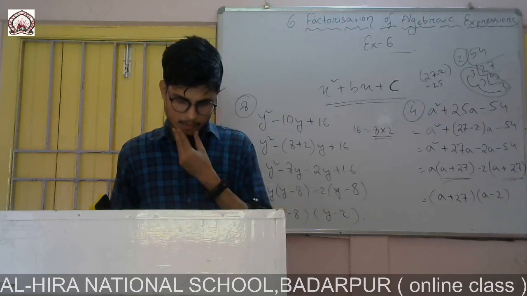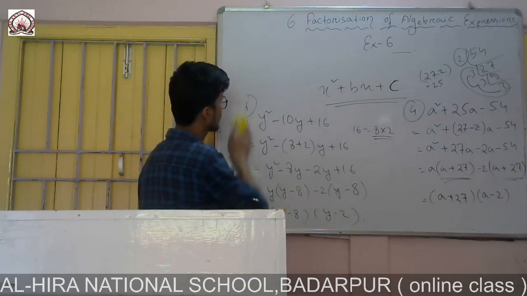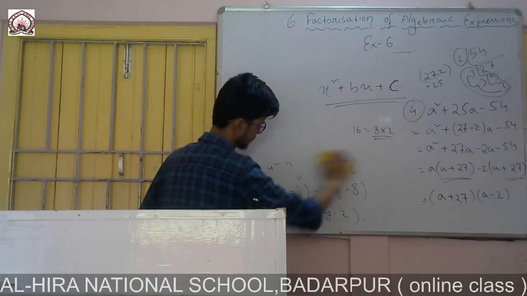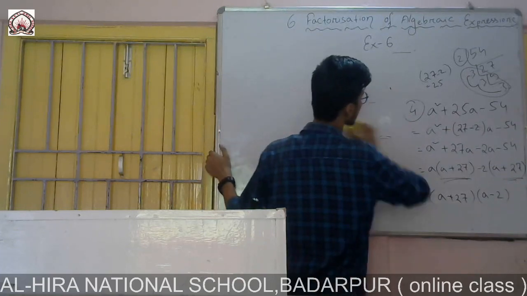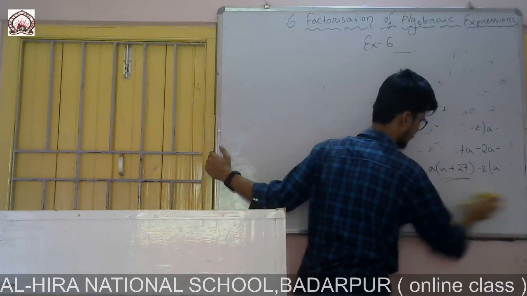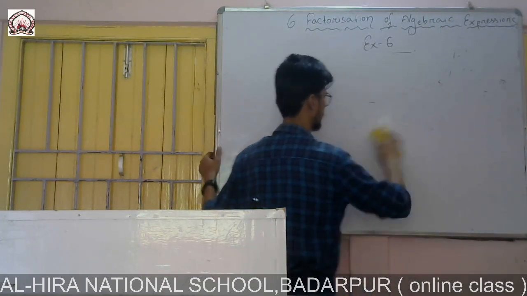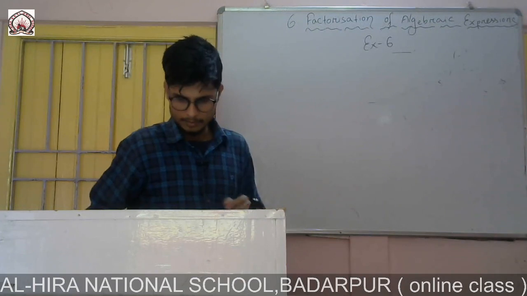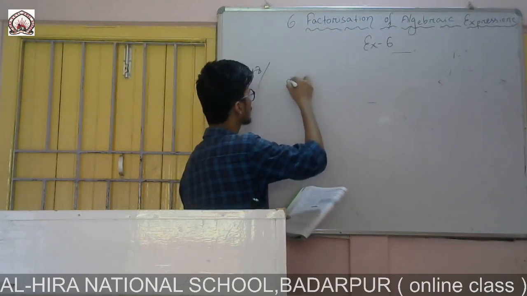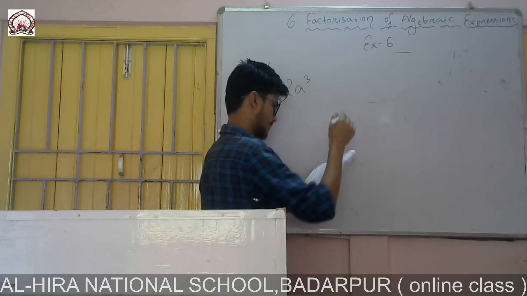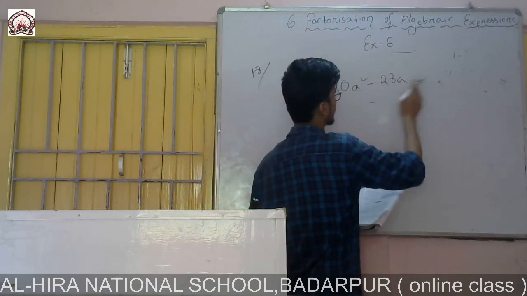Okay, so now see question number 18. The question is given 2a cube plus 10a square minus 28a.